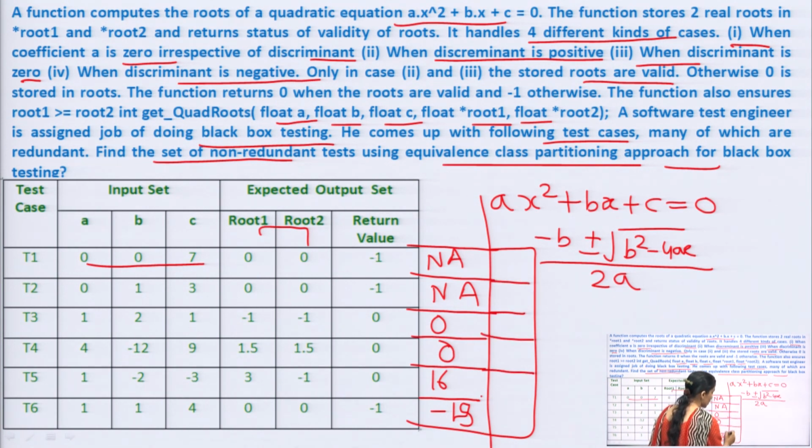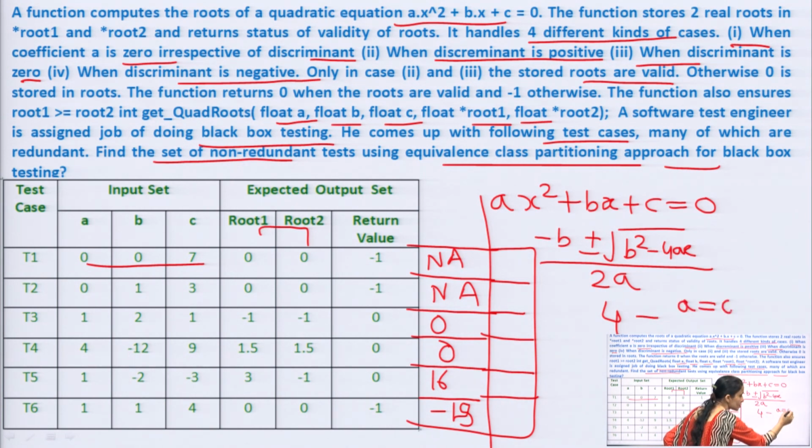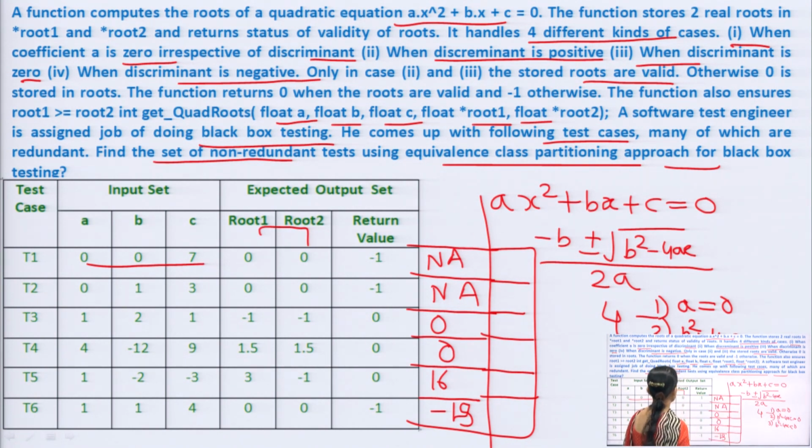Here I can make 4 equivalence classes: one when A is 0, the second when the discriminant, the square root of b square minus 4ac, is positive, third is b square minus 4ac equal to 0, and the fourth is when it is negative.